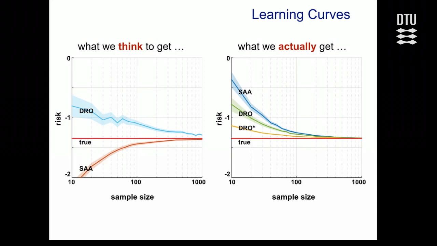So what these different optimizers actually get is visualized here, right? Again, if you solve the true problem, the out-of-sample performance of your decision will be equal to the optimal value of the true problem. That's again the red line. Of course, no policy, no investment decision can do better than the optimal solution of the true problem.